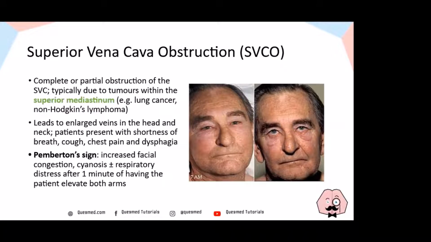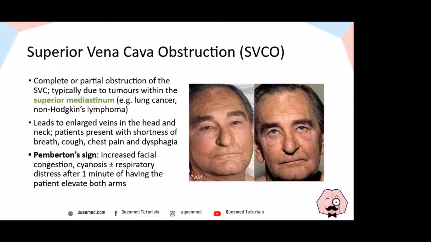This can be either a lung cancer or it can be from lymph nodes from something like a lymphoma. And what happens is when you close off your superior vena cava, the blood no longer has an easy way back to the heart. The body tries to compensate, so it opens up a bunch of collateral vessels to try and get blood back to the heart.